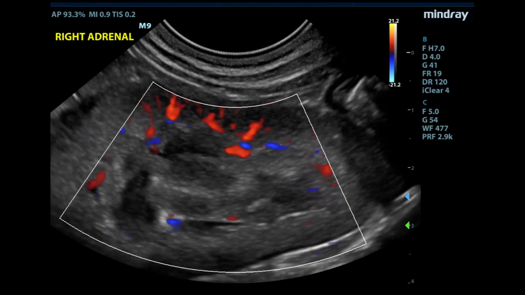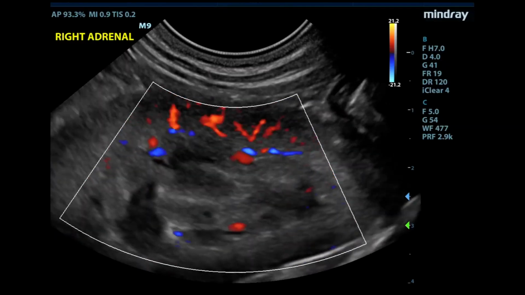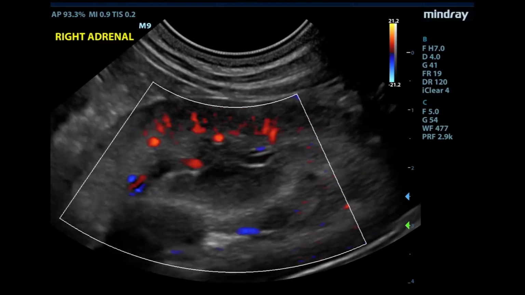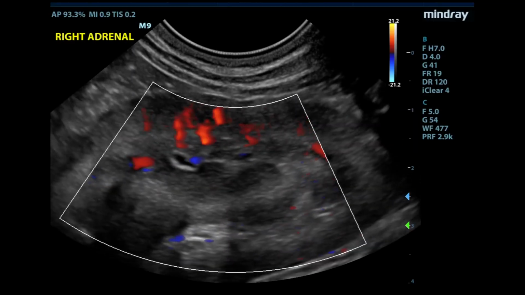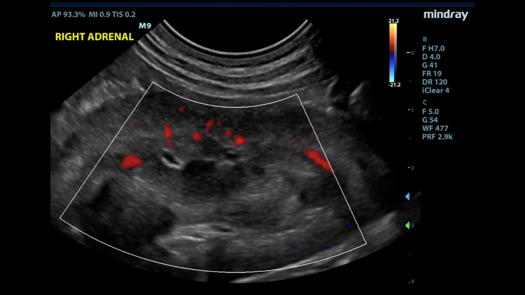Arcuate vessels mark the junction between the renal cortex and the outer region of the medulla. Arcuate vessels curl along the corticomedullary junction and connect to the cortical interlobar vessels.